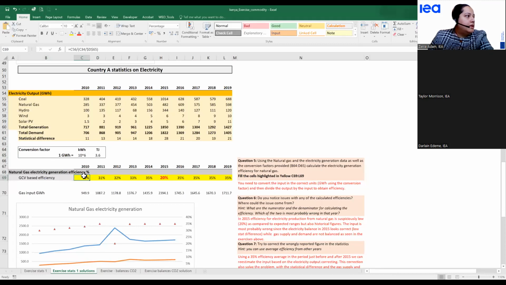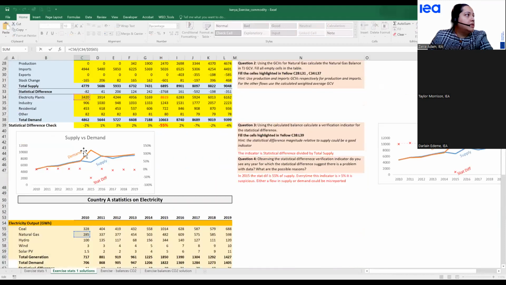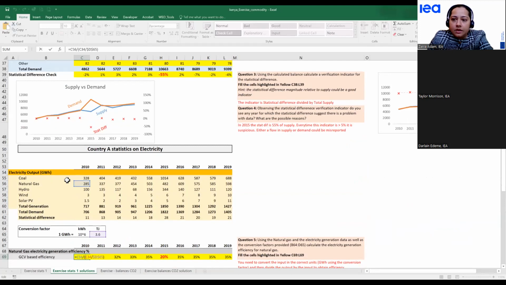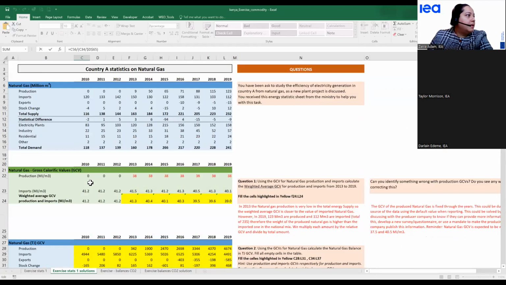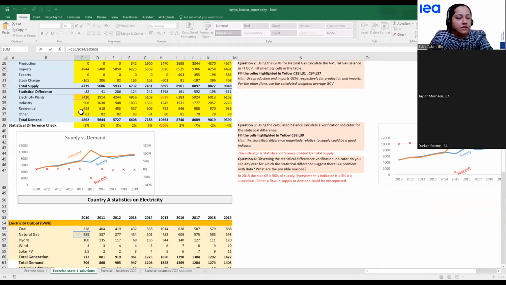So how do we calculate this? For efficiency, it's calculated as output divided by input, but it needs to be in the same energy unit, right? So here for 2010, for natural gas, you take your electricity output, which is in gigawatt, and divide it by your input, sorry, in energy unit, not in physical unit.